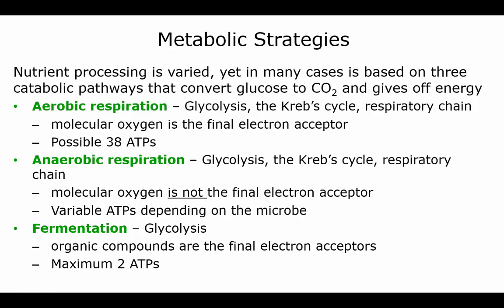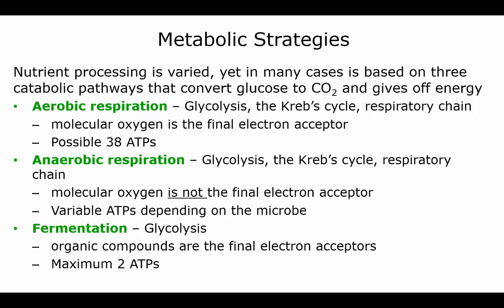And then finally, a third option that eukaryotes and prokaryotes have in common is fermentation. Fermentation only utilizes the first step in most pathways. It just uses glycolysis, breaks down the sugar glucose, and uses it to generate a small amount of energy.